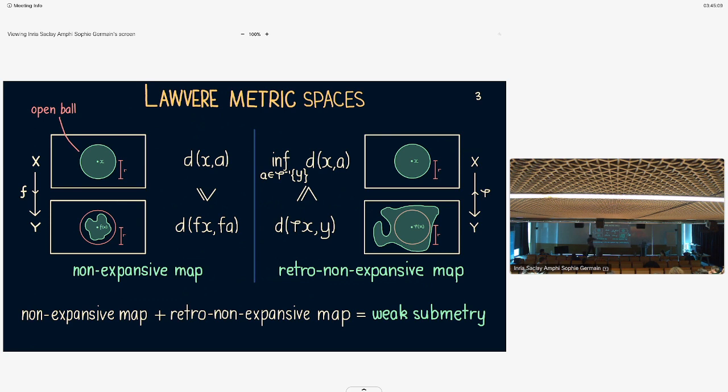But when you put them together, you get this notion that's known as a weak submetry, which is known about by certain people who study metric spaces. It's interesting that this notion that people have studied before comes out of this idea of having maps that not only act in the same direction but have this kind of lifting behavior.